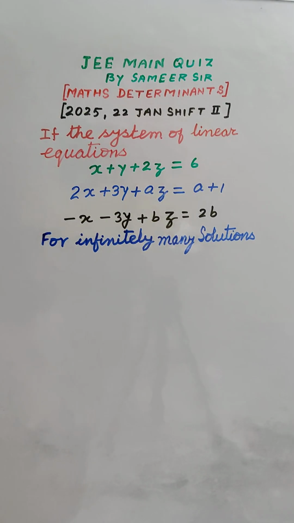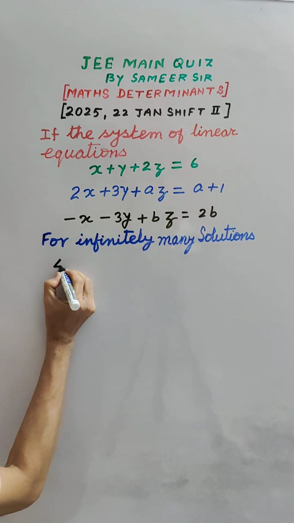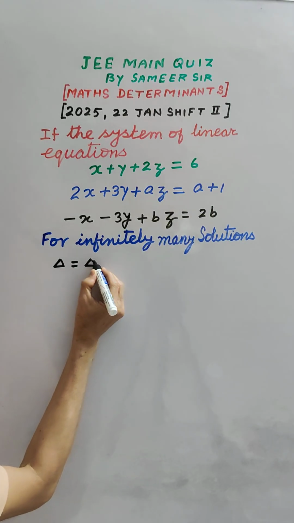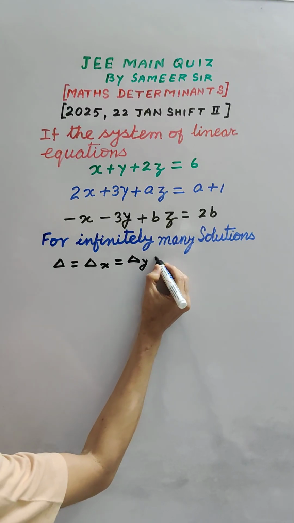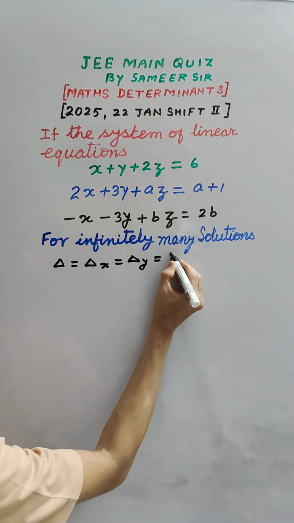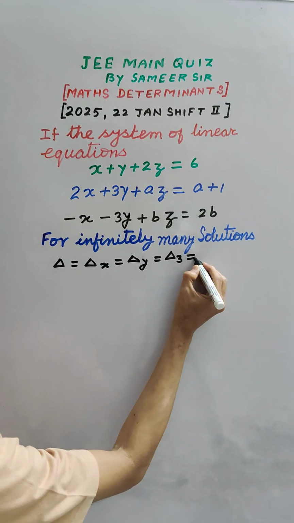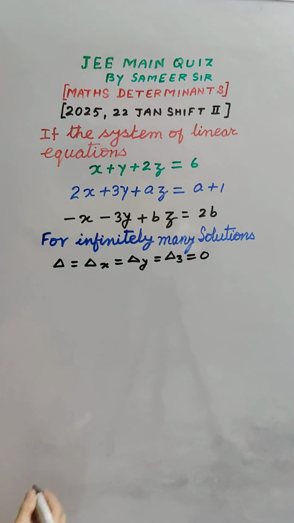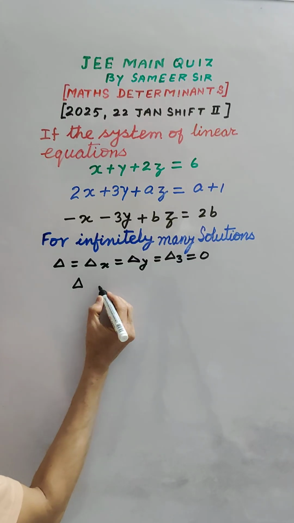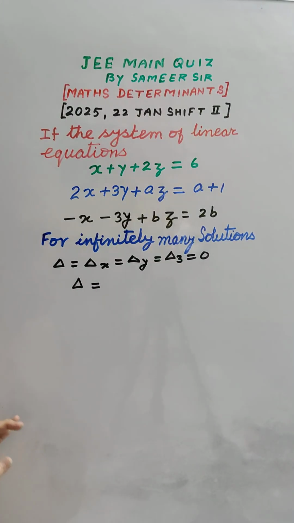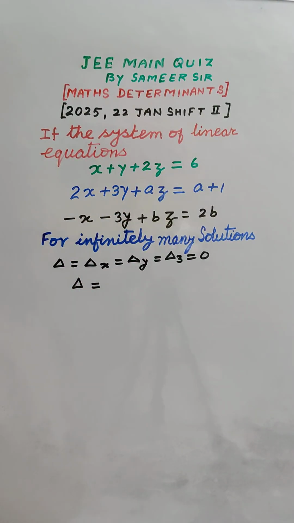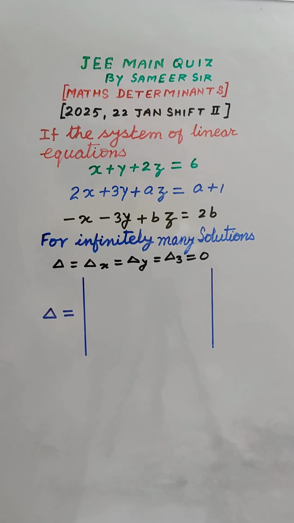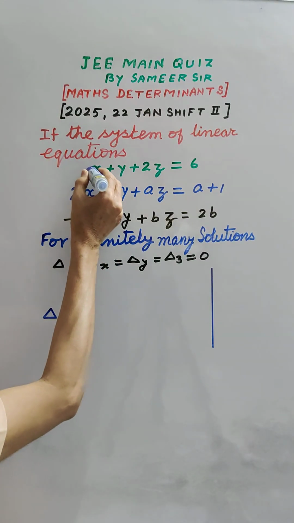For infinitely many solutions, delta is equal to delta x is equal to delta y is equal to delta z is equal to 0, and delta here, using matrix method, for solution of delta we shall write here coefficients.